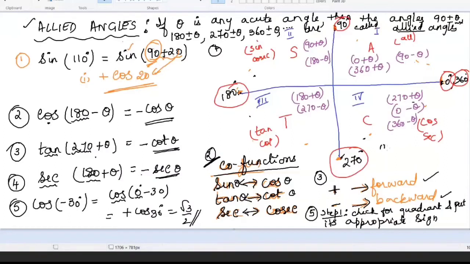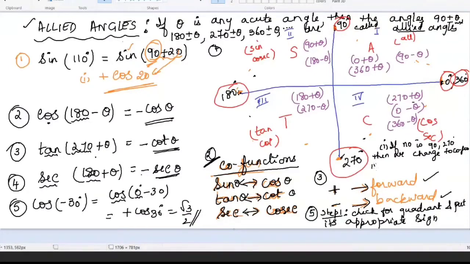Below that, please write the first one. If the number is 90 or 270 degrees, then we change to cofunction.